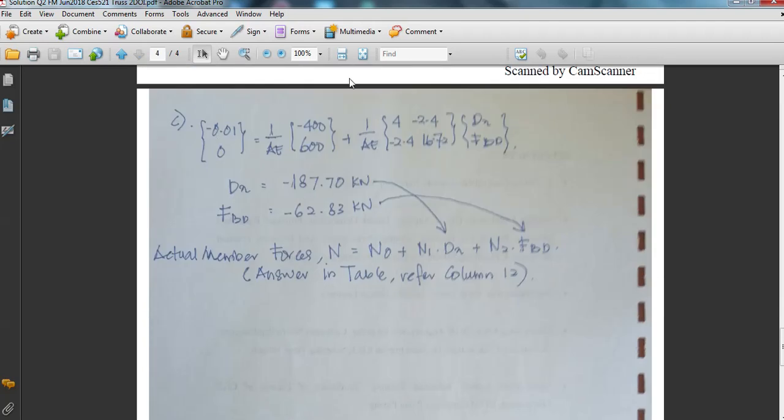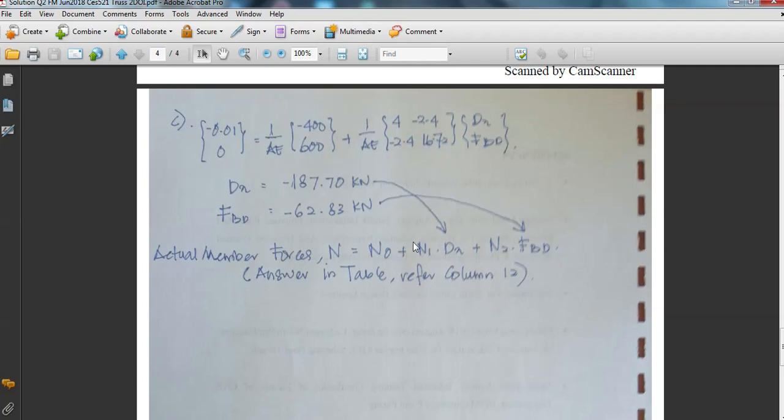So you recalculate the value of redundant force. So you got a new value for dx and FBD. Then after you have a new value of dx and FBD, you reapply in this equation. You calculate new N when they have a support movement.